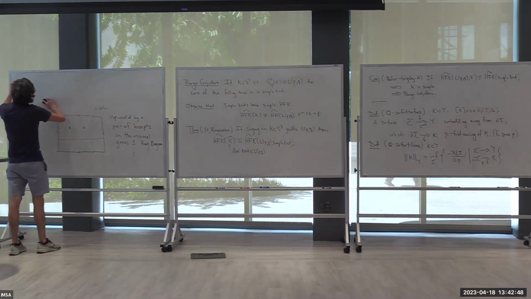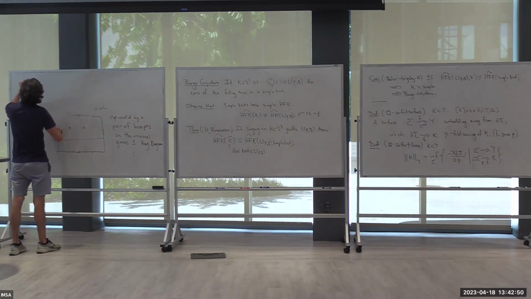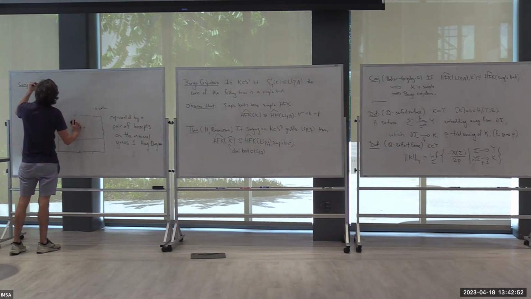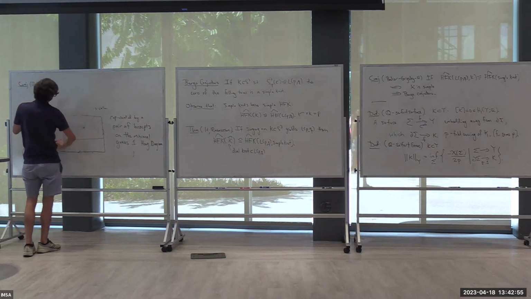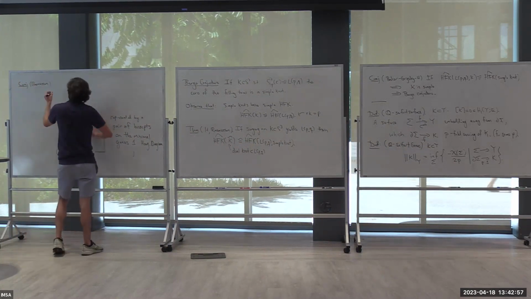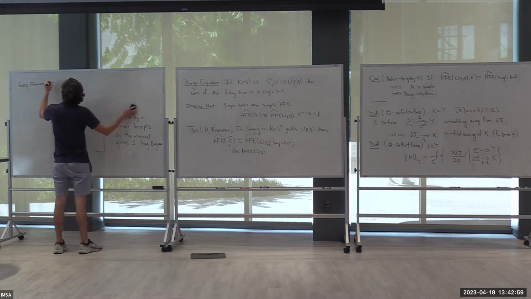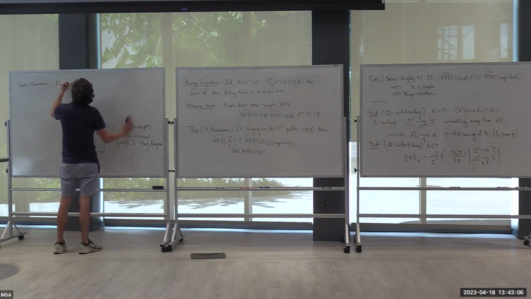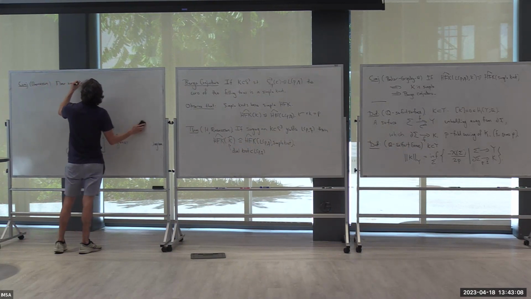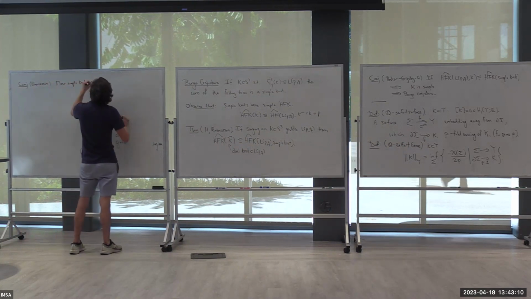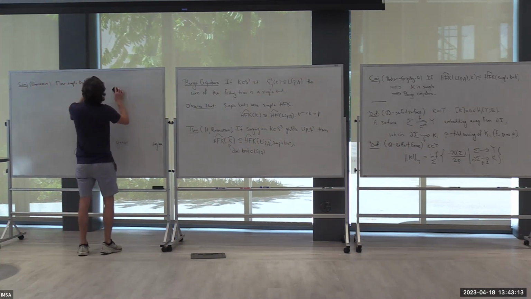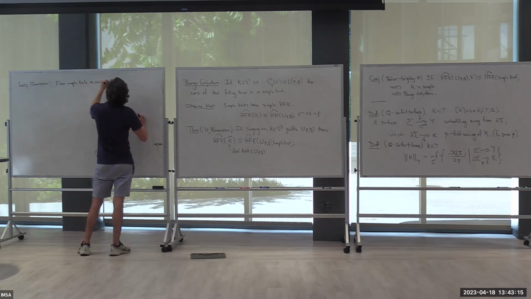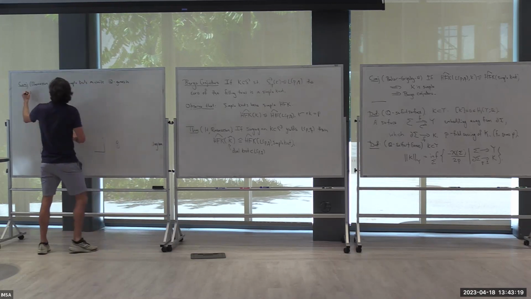Okay, and so in these terms, Jake made the following conjecture. Floer simple knots minimize genus and minimize the rational genus in their homology class.